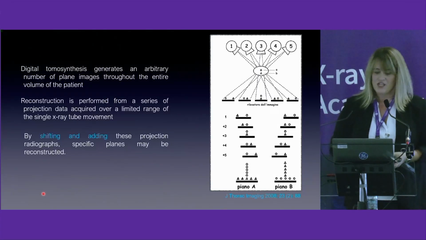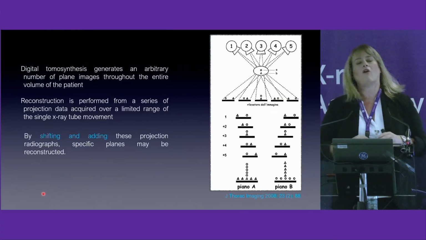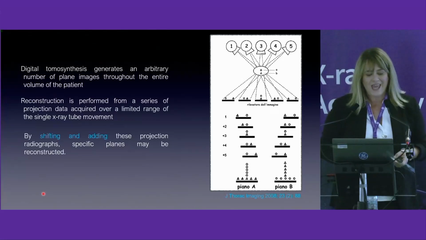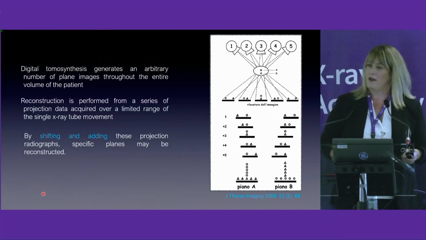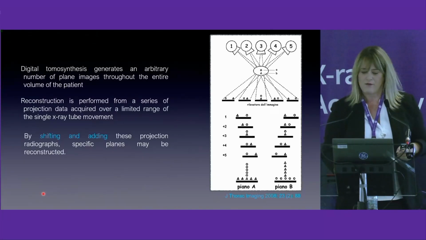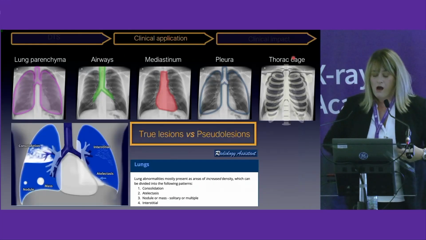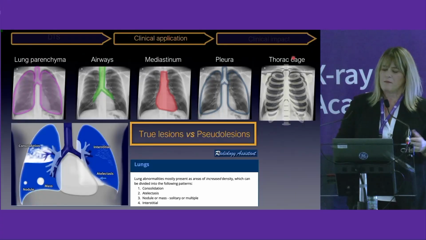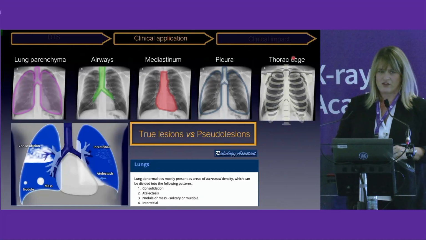Then, by shifting and adding all the projections, we can obtain a specific plane, and those planes are reconstructed from the entire volume of the patient. So, which can be the possible clinical applications in chest diseases?